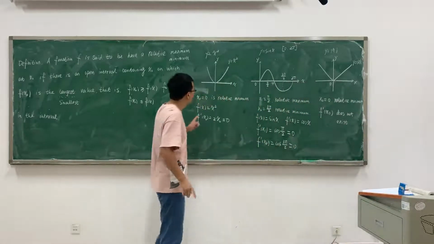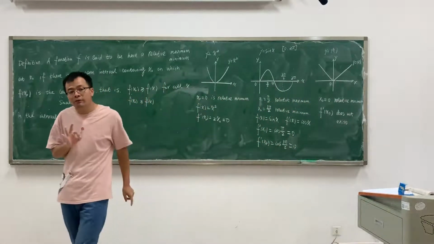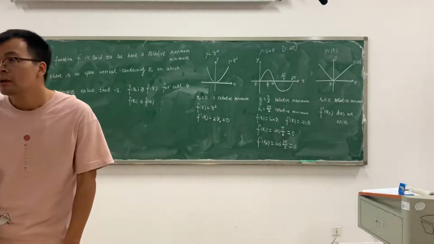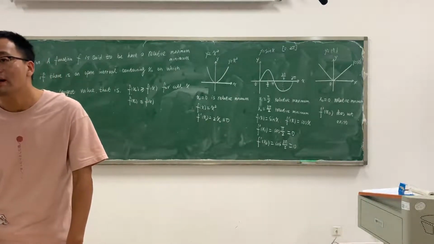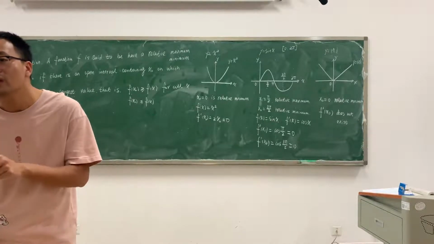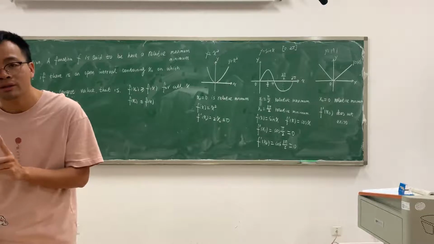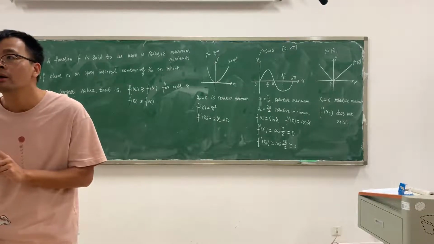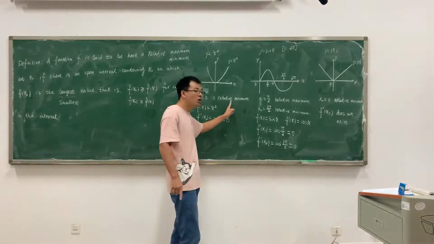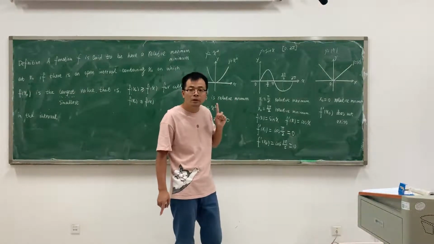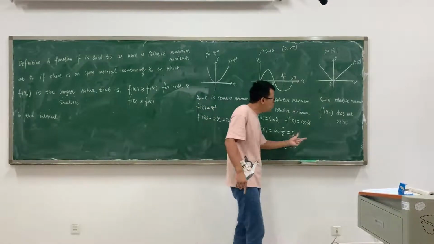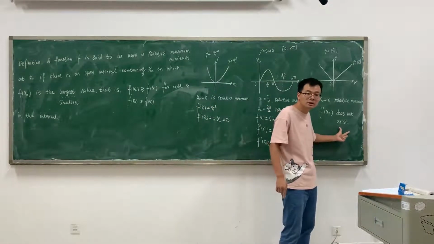So from these three examples, at the relative minimum or at the relative maximum, the derivative equal to 0 or the derivative does not exist.